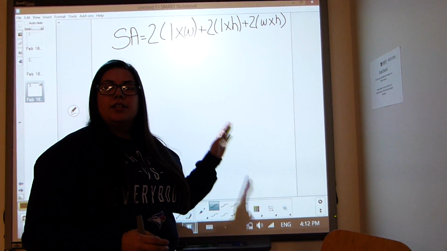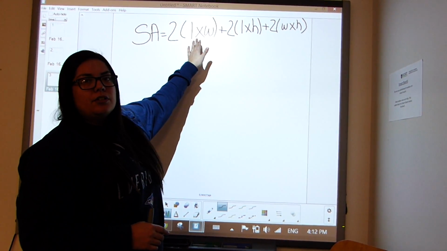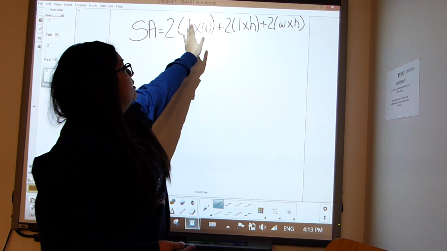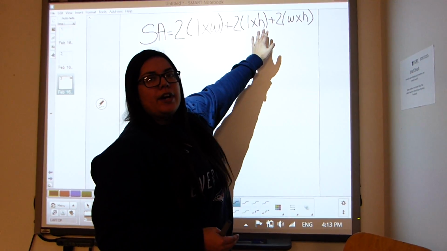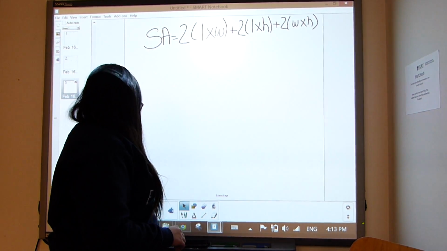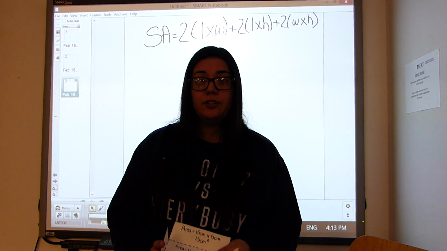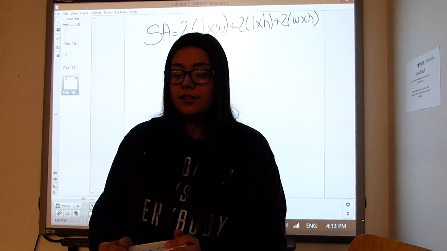So remember, this is on your test. Every time you see an L, that's your length, you substitute in the value for the length. The width is W, substitute, and your H is your height, you substitute that in. So for example, if you go back and view some of the videos, it will be extremely helpful for some of the questions on the test or quiz.